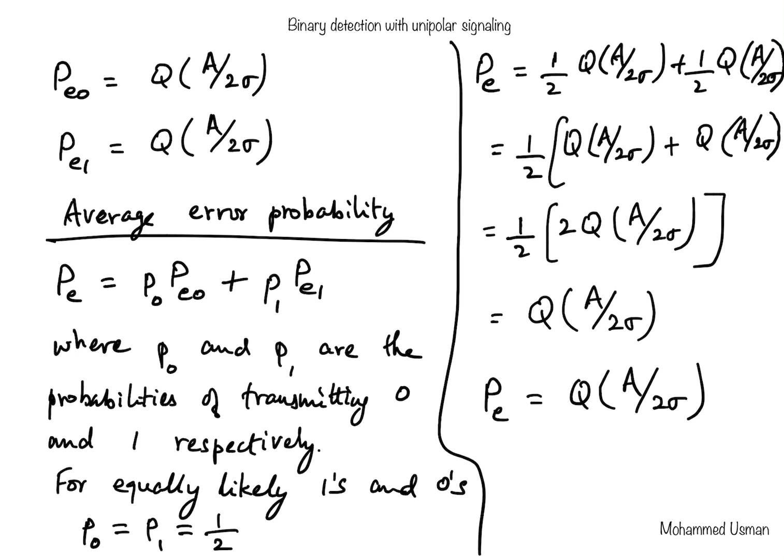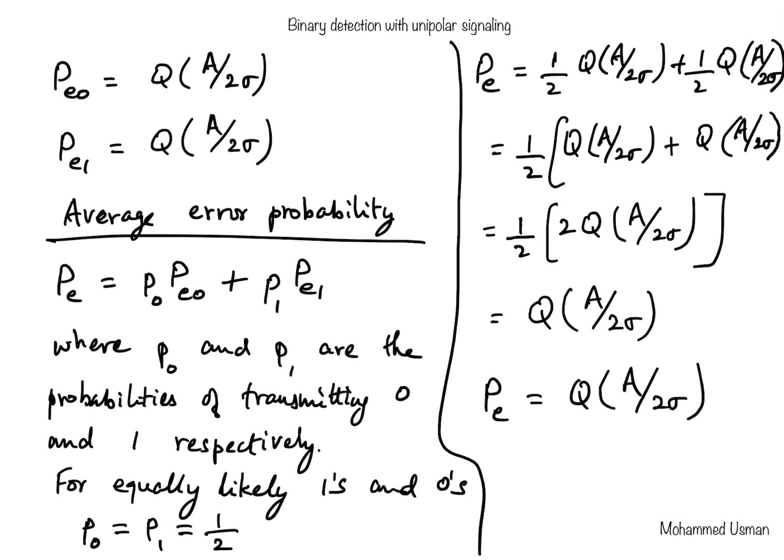Okay, in the next video we will be doing the similar analysis for polar signaling. So rather than unipolar signaling, where we had a 0 represented as 0 volt and a 1 represented as a positive volt, in the next video we'll talk about polar signaling, which is also called bipolar signaling, where the 0 would be represented as a negative voltage level and 1 represented as a positive voltage level. So we have two polarities, negative and positive, so that we call it polar signaling.